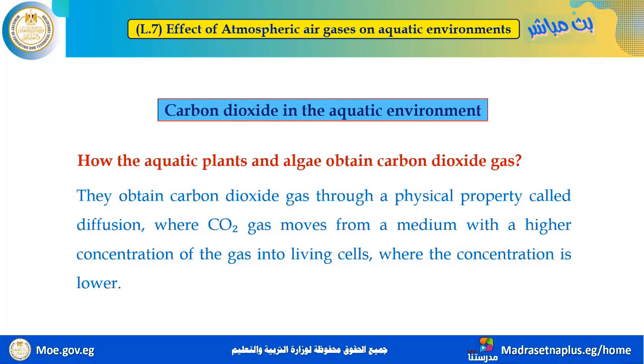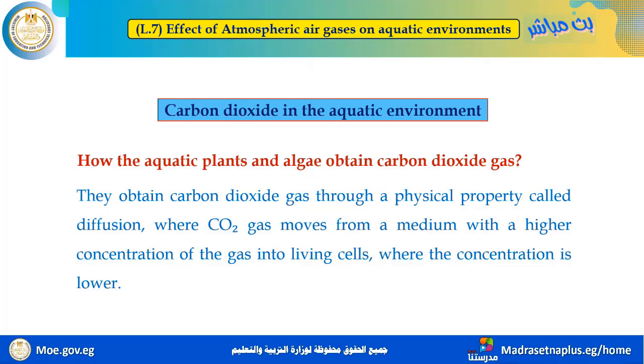They obtain carbon dioxide gas through a physical property called diffusion, where carbon dioxide gas, CO2, moves from a medium with a higher concentration of the gas into living cells where the concentration is lower.